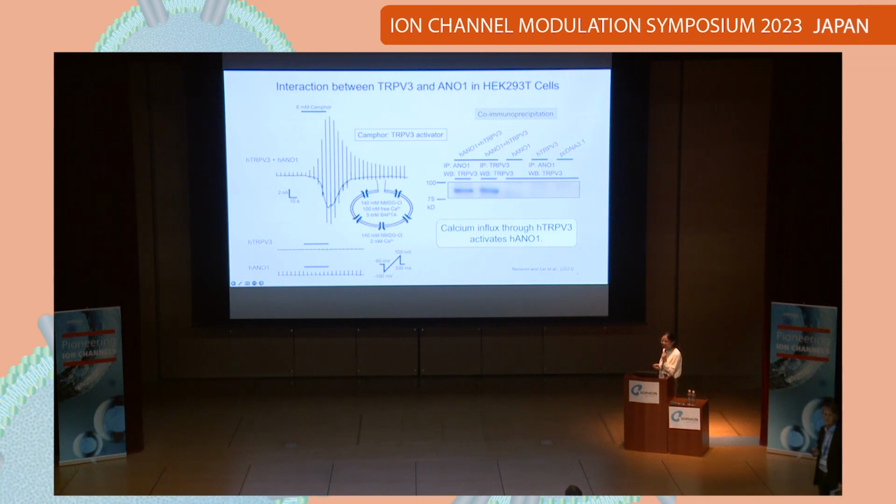Sorry, we did not check their specific interaction in the cell, so I cannot make a conclusion for this question. But probably we can perform the same experiment I performed in the second part. Yes, possible.